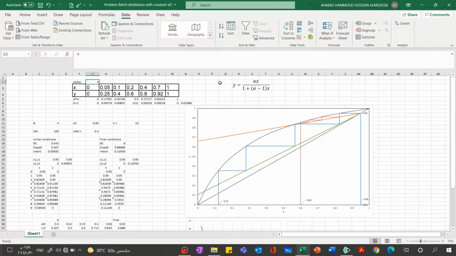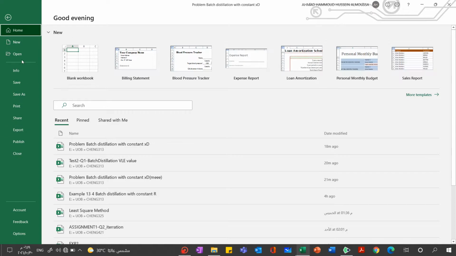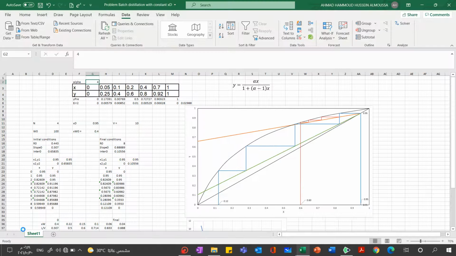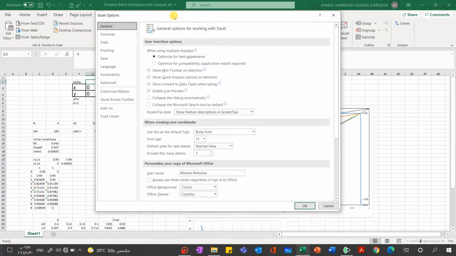Go to the file, to add-ins, then to the options. Yeah, this site will display for you.